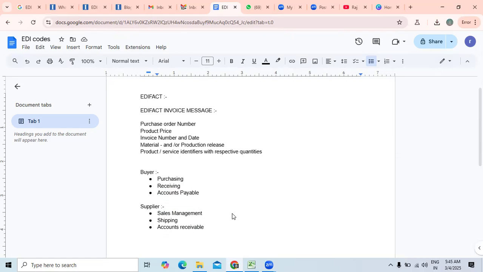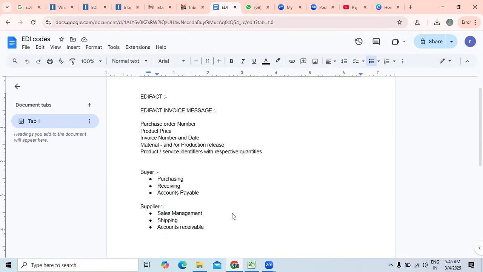Once it is updated, we need to receive EDIFACT invoices. So whatever invoices we have received will be sent to EDIFACT CONTRL, where we get the functional acknowledgements from supplier to buyer and buyer to supplier, and all that. So this is the general process flow, which majorly involves three levels.